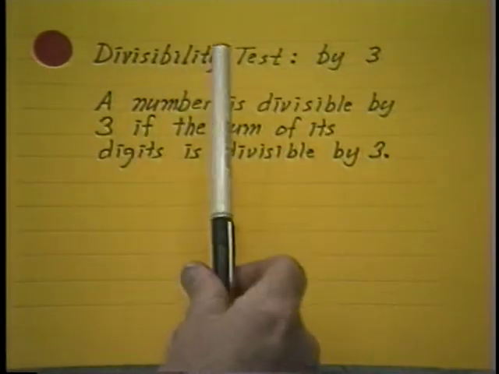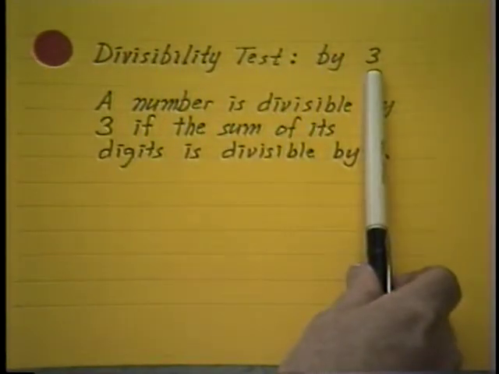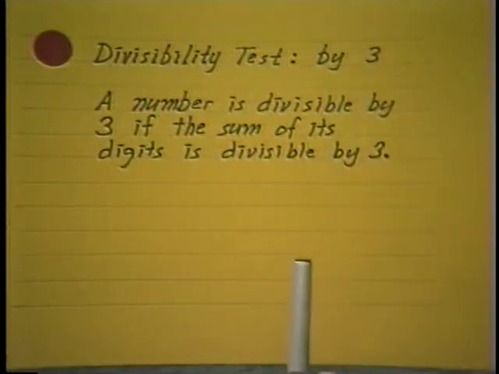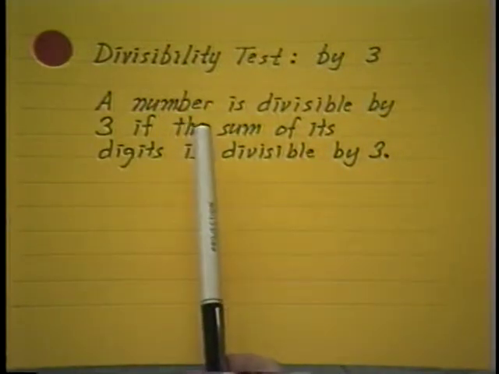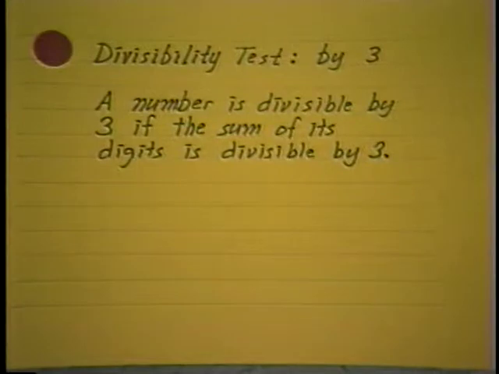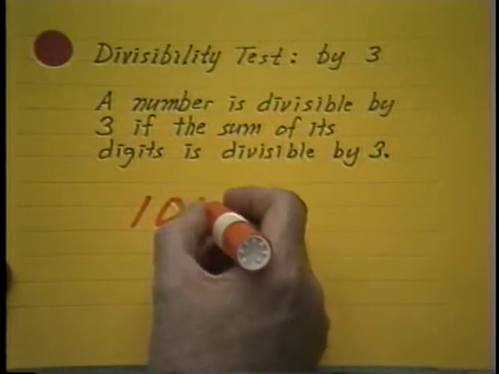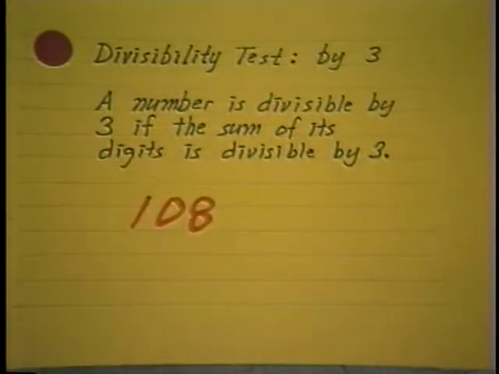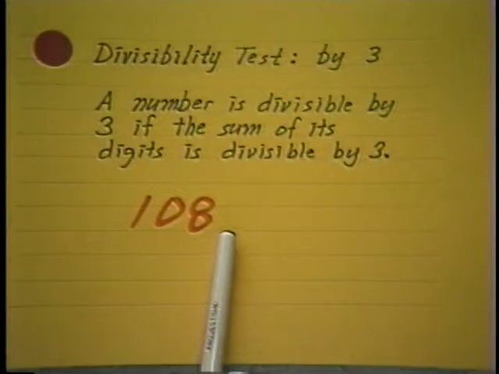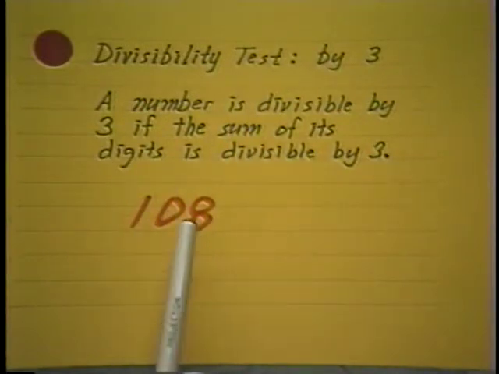But there is also an equally easy test to check divisibility by 3. A number is divisible by 3 if the sum of its digits is divisible by 3. Our number was 108. If you were to add its digits, you would get 9. 9 is divisible by 3, hence this test says 108 is divisible by 3.